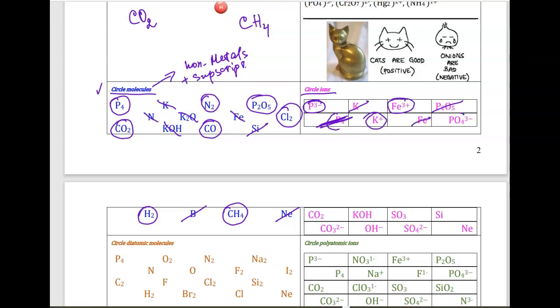Iron, no charge. PO4 3 negative, has charge. CO2, no charge. KOH, no charge. SO3, no charge. Silicon, no charge. Neon, no charge. SO4 2 negative, it has charge. OH negative, it has charge. CO3 2 negative, it has charge. So I circled charged particles, and charged particles are ions.